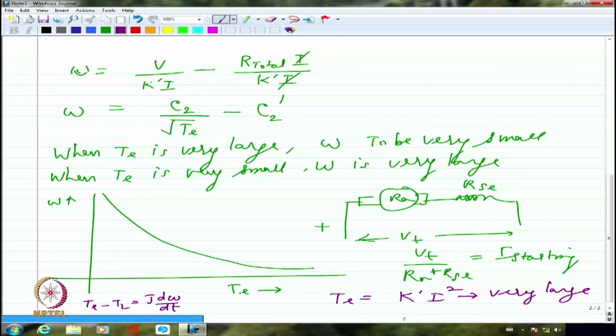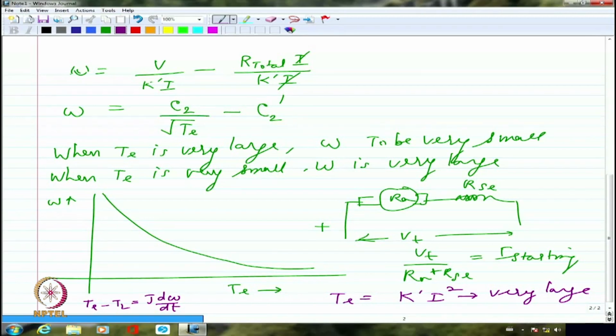If I try to start the DC series motor on light load or zero load, the current drawn becomes so large during starting, unless I control it effectively, I am going to get a very large starting torque, because of which the speed gained will be enormously high and eventually the shaft might break. So generally it is not prudent to start a series motor on no load or light load condition.